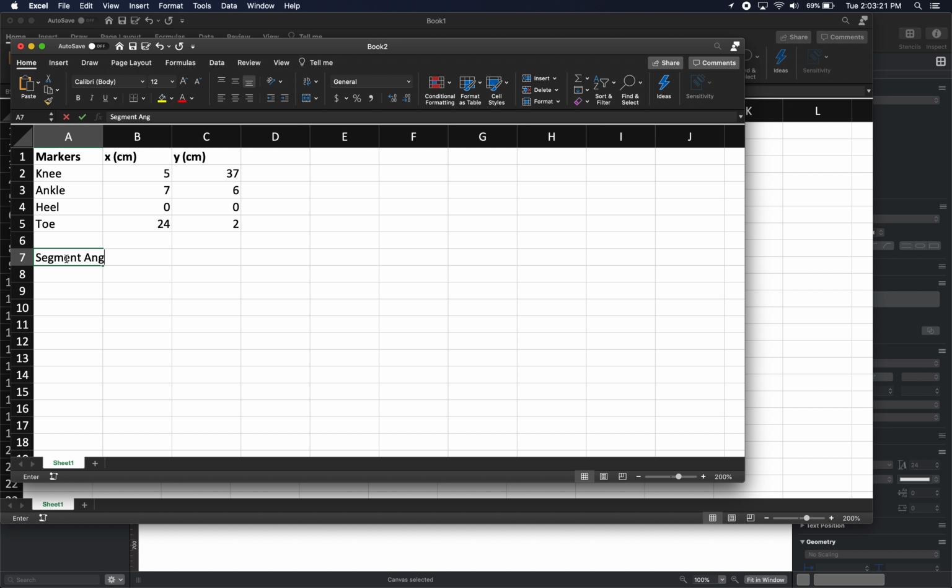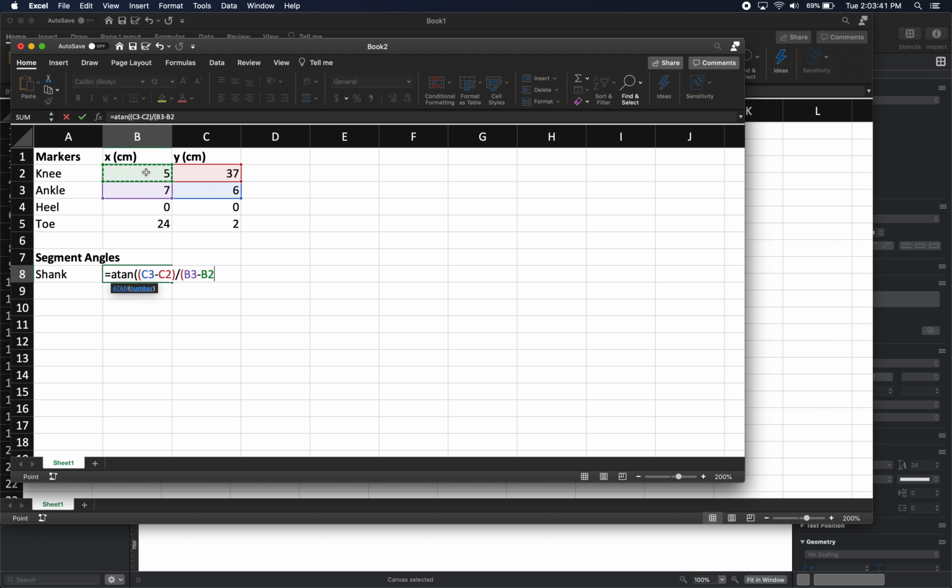And then my segment angles will be calculated just like they were last time. My shank segment angle is inverse tangent of the y for the ankle minus the y for the knee, divided by x for the ankle minus x for the knee.